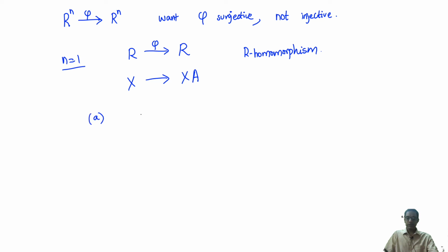So first, why is it surjective? To show it is surjective, let's first look for what element maps to the identity of this ring R. So observe that if I apply phi to this backward shift operator B, that's just going to be BA. And BA, remember, is just the identity map.